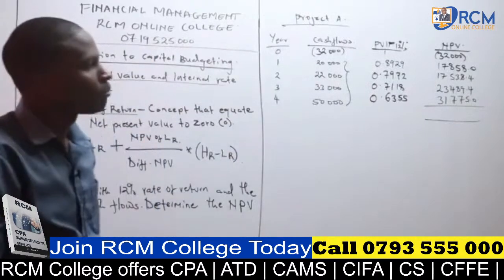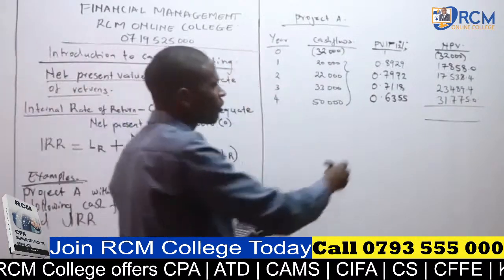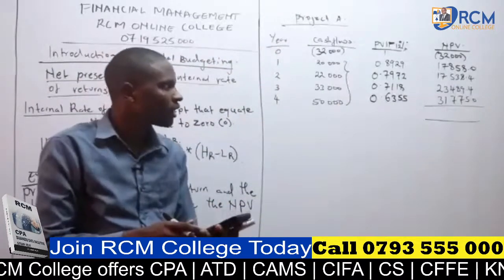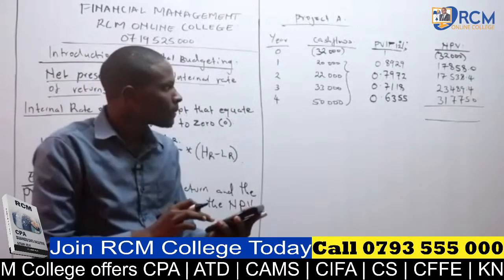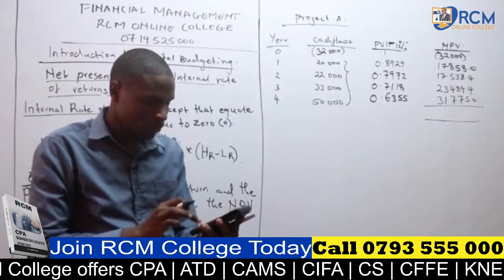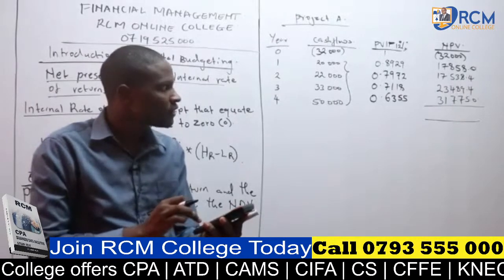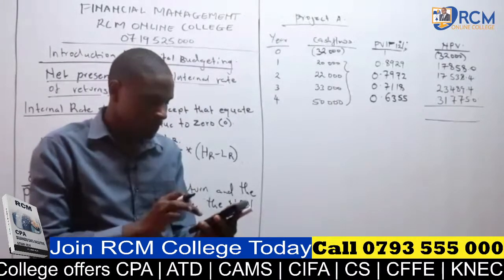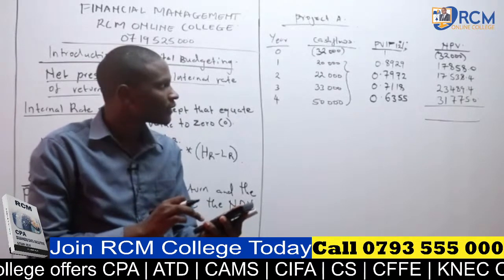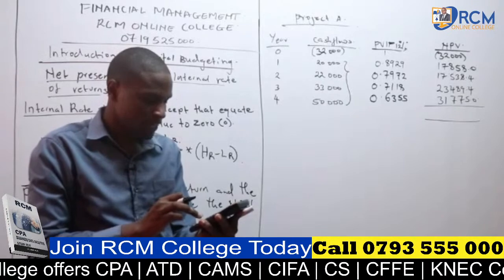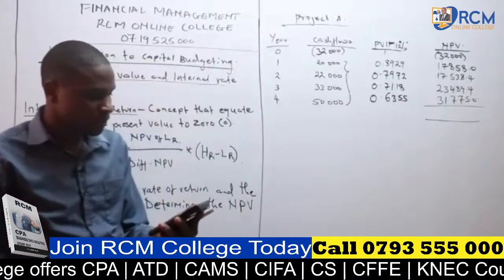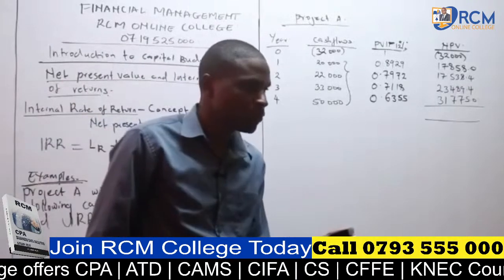I'm going to add all the present values, and then I subtract the initial outlay. So I have the first one, 31,775, plus 23,489.4, plus 17,538.4, plus 17,858. I'm getting 90,660.8.